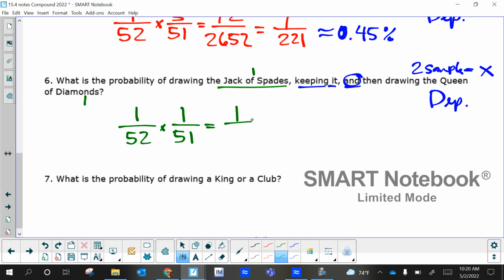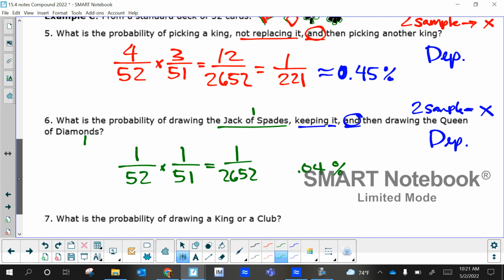So that would be 1 out of that big number again, 2,652. So we have about a 0.04 percent chance of getting that, 1 out of 2,652.